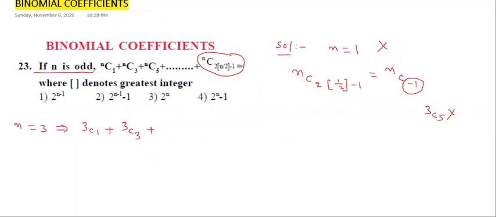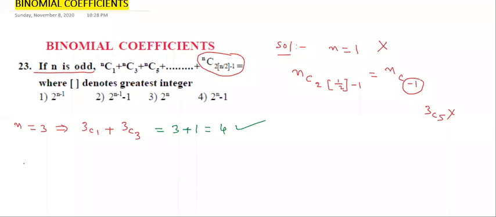Up to where it exists, those terms can be taken. Now see here, 3C1 means 3, 3C3 means 1. 3 plus 1, that is 4. If n value is substituted in the question, you get answer 4.